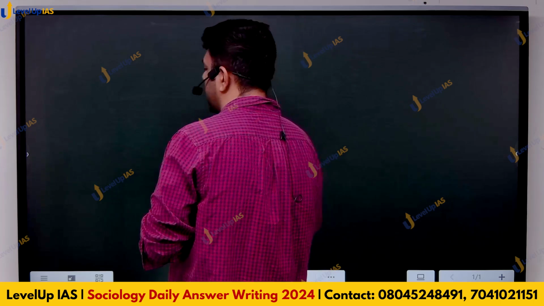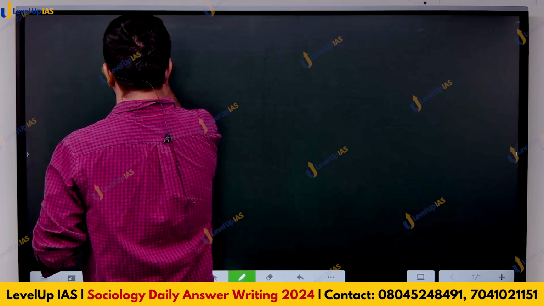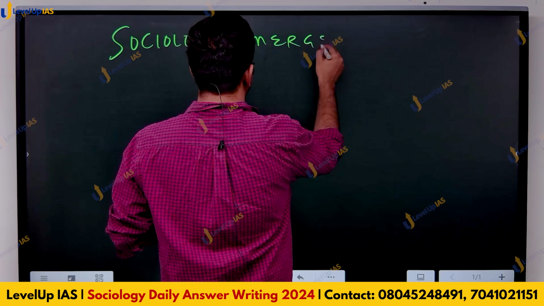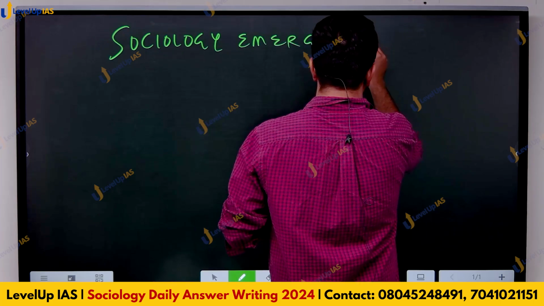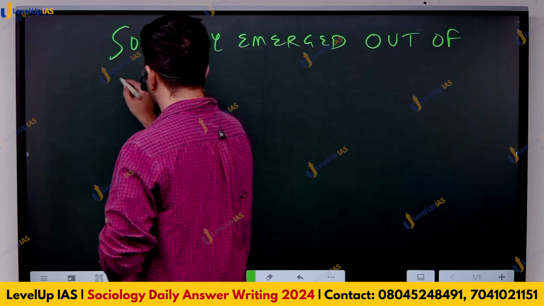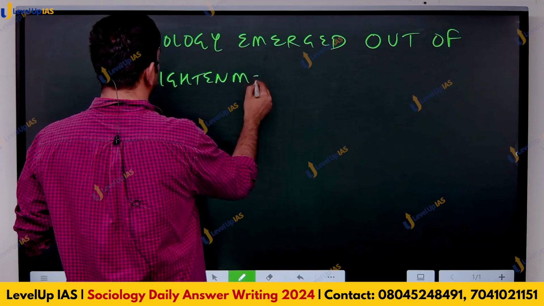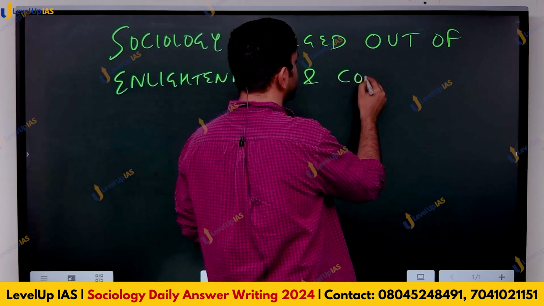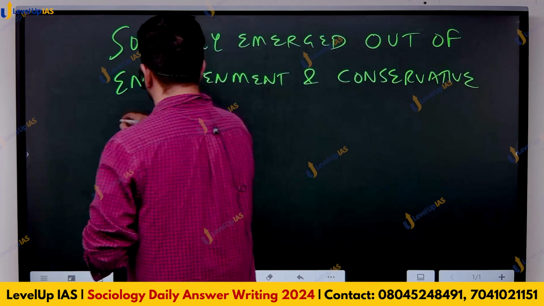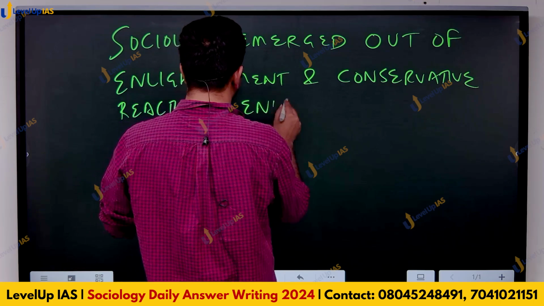So like the question that was given to you was, sociology emerged out of enlightenment and conservative reaction to enlightenment, right?